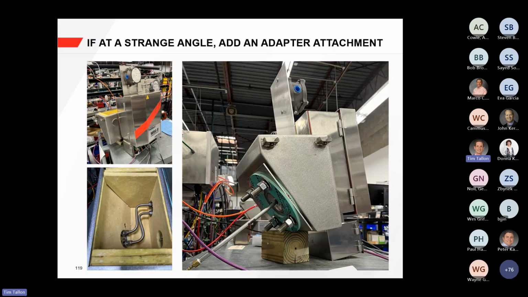Although we've talked about the boot out the back and boot out the bottom, we've done ones with the boot out the side too. So just kind of want to point out that we're very flexible, and our engineers can often come up with a very useful design for you. Yeah, thank you. That's a good point. I forgot about the boot out the side.